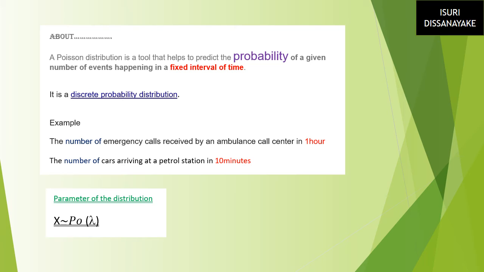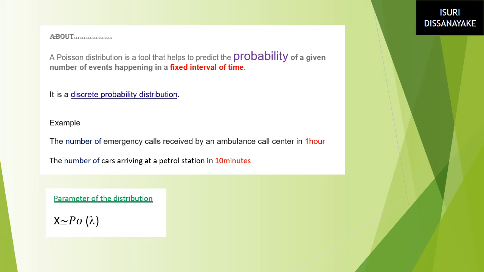You can see I have highlighted discrete probability distribution in blue, as well as the words the number of emergency calls. That means you will get how many calls. So that is discrete. And fixed interval of time means 1 hour.